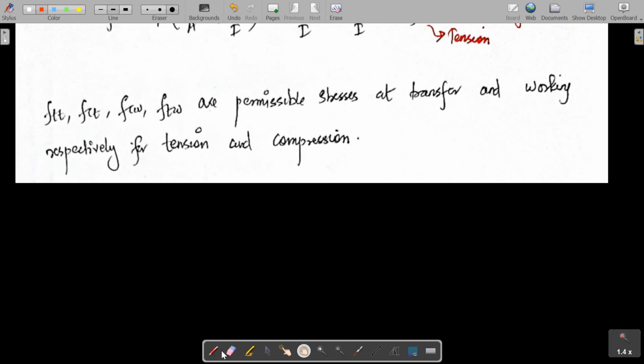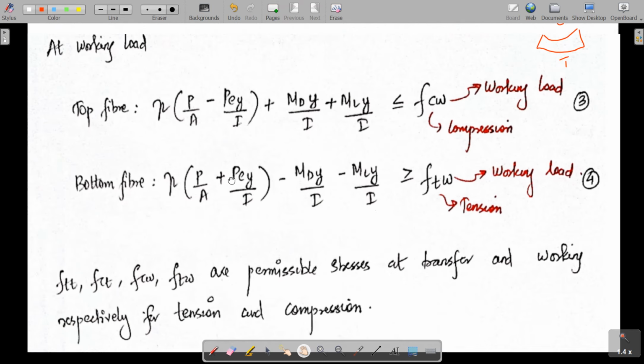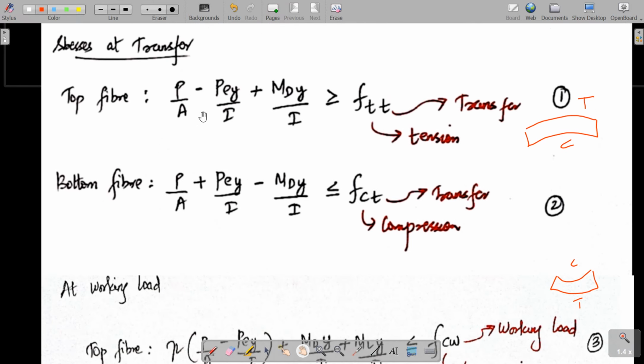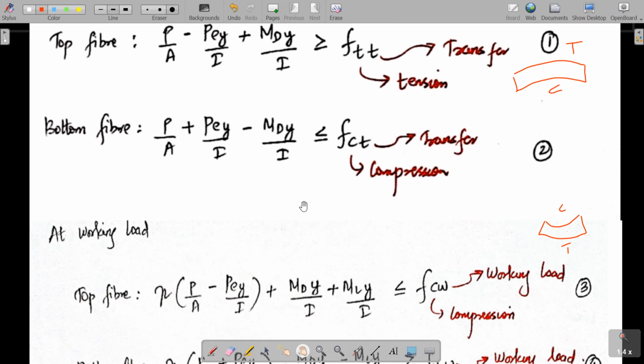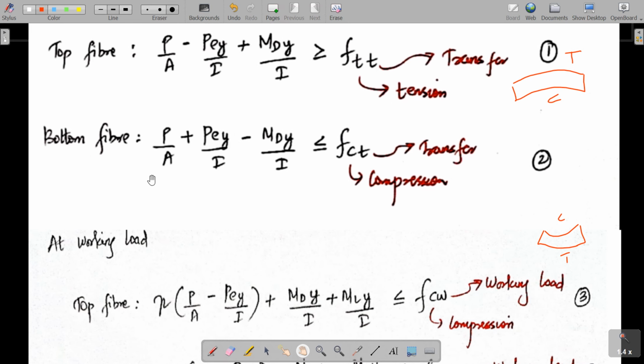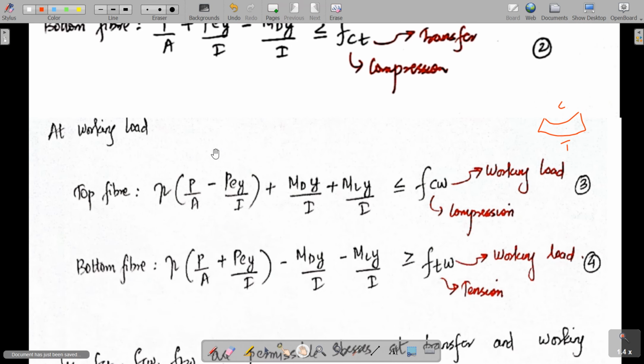From equation 1 I could write it as P by A minus P into E into Y by I must be greater than or equal to FTT minus MD into Y by I. At the limiting state I will take the extreme condition as equal to, so P by A minus P into E into Y by I is equal to FTT minus MD into Y by I. Substituting that value into the top fiber equation at working load, that is equation number 3, I will replace this value.